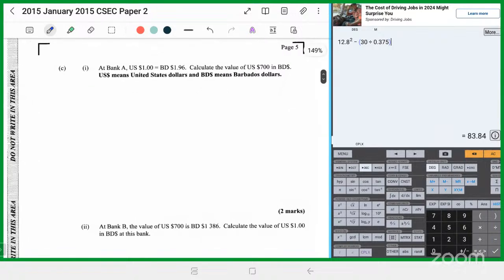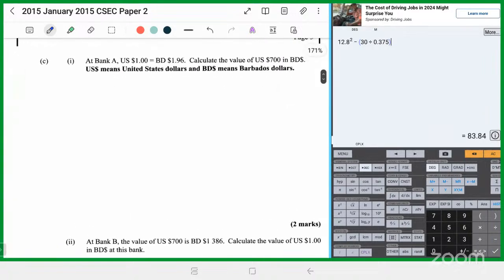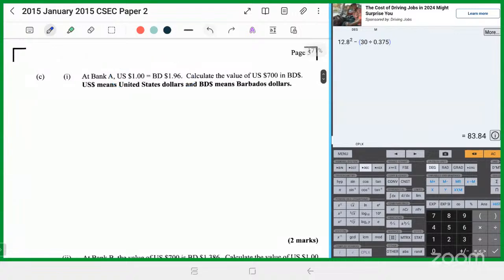Remember, I told you that these exchange rate questions can be done as ratio questions. It's like a ratio. And a ratio can be multiplied or divided by any constant value or any constant unit of measure.